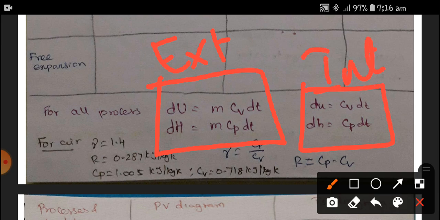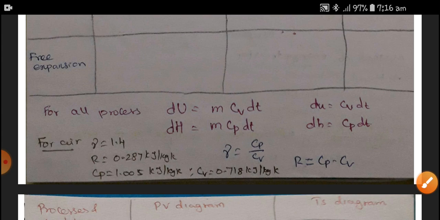Okay. And for air, the gamma value is 1.4, R, the gas constant, is equal to 0.287 kilojoule per kg Kelvin, Cp, specific heat at constant pressure, is equal to 1.005 kilojoule per kg Kelvin, and Cv is equal to 0.718 kilojoule per kg Kelvin.